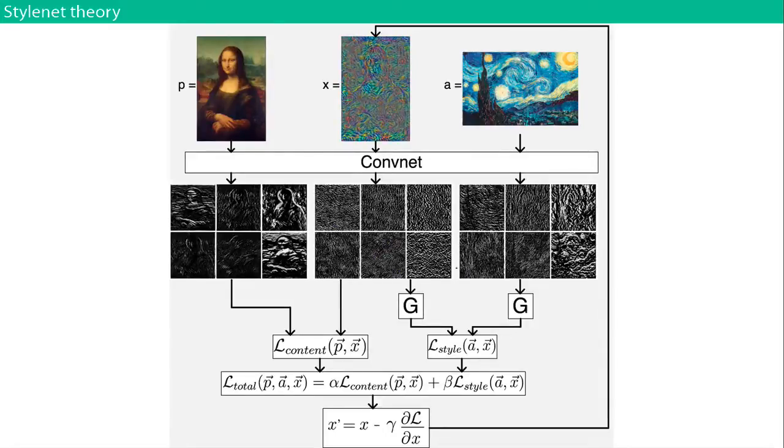And the other loss term is the style loss, which is the dissimilarity in style, which I'll put even more quotation marks because that's even weirder, between the style image and the output image.